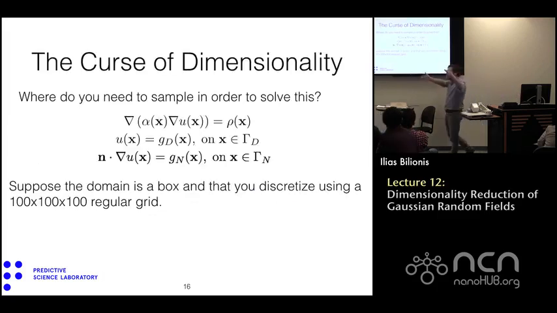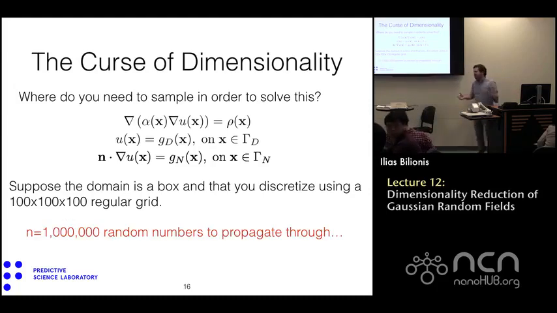So if you just take, let's say, a cubical domain and you want to do a discretization in the spatial domain, just a cube, and you want to discretize it with 100 points per dimension, so that you have a 100 by 100 by 100 grid, and you're using finite elements, so that the function is only needed at the center of each one of the little cubic elements, then you're going to need to sample the function at 1 million points.